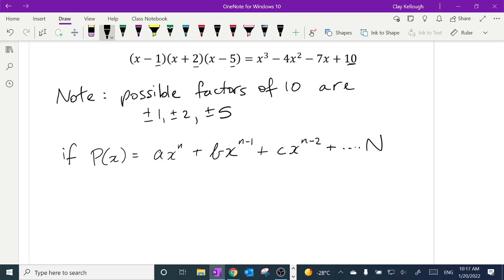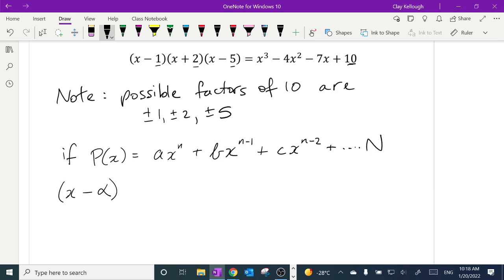Then I would say that x minus, oh, I need another letter. What have I not used in the alphabet here? I've used A, B, and C. I've used N twice, once as a lowercase, once as a capital. Let's try a different alphabet. Let's try alpha. There we go. X minus alpha, because all the rest of the alphabet might be in here. Maybe this is a 27-term polynomial.